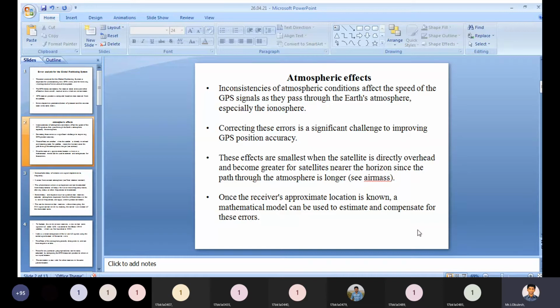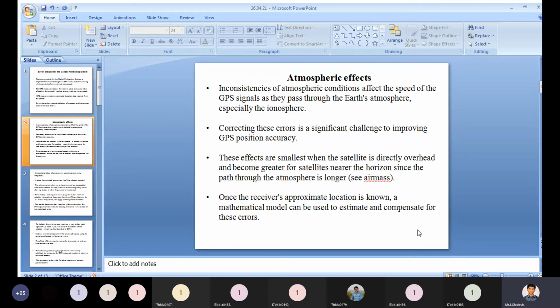The GPS signals pass through the Earth's atmosphere. Especially, the signals will be traveling in the ionosphere layer. So in that region only the GPS signals will be there.